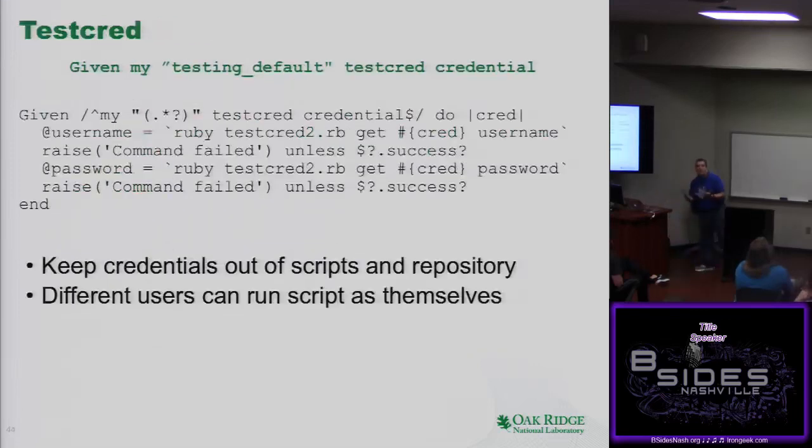So that looks something like this. Test cred is a Ruby script. It stores the usernames and passwords in an encrypted location off of one's home directory. That way, if I name it my testing default credential, and he names it testing default, the script actually works and it pulls up his user ID or pulls up mine. The main reason that I started this is because I have made the stupid mistake more than once, unfortunately, of putting my credentials into the Git repository and then having to fix history.